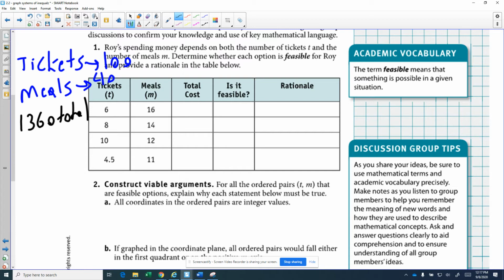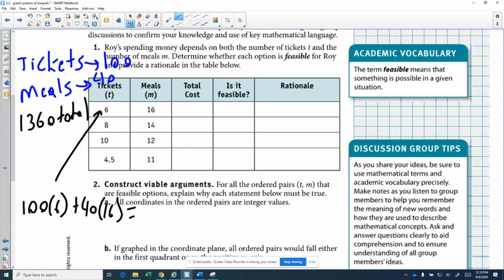All this information came from the last lesson. All that stuff is basically what we have given to us right now. So we want to try to figure out, do these situations work? Well, in this first problem, we have 6 tickets and 16 meals. To figure out this problem, what I would need to do is take 100 times 6 plus 40 times 16, and basically see what that is going to be equal to.